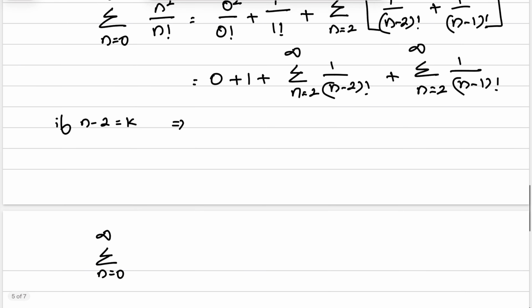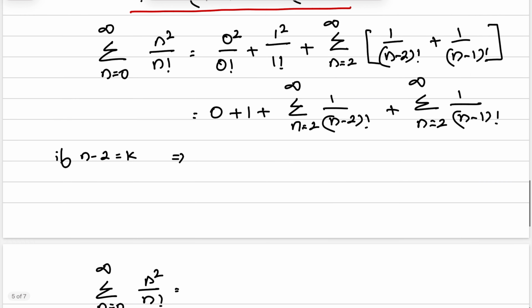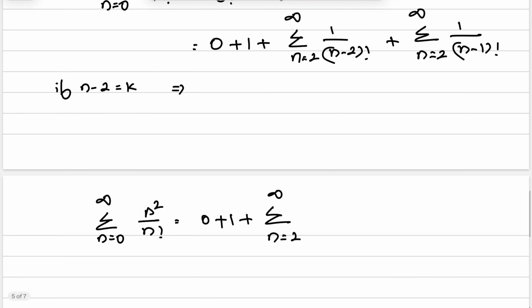Sum n is equal to 0 to infinity n square by factorial n is equal to 0 plus 1 plus sigma, instead of n we will write it as k, because n minus 2 we have taken as k, k is equal to 0 to infinity 1 by factorial k, plus sigma n is equal to 2 to infinity 1 by n minus 1 factorial.